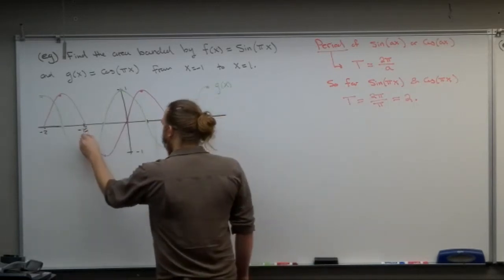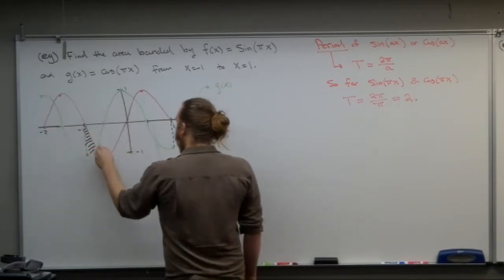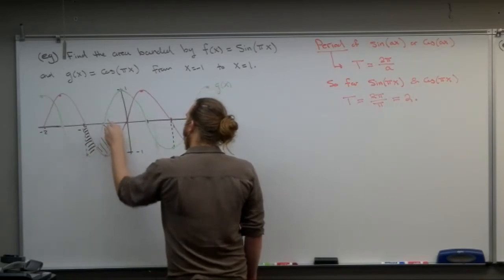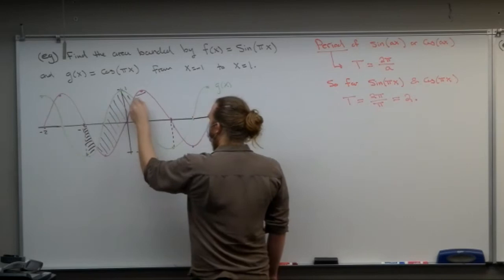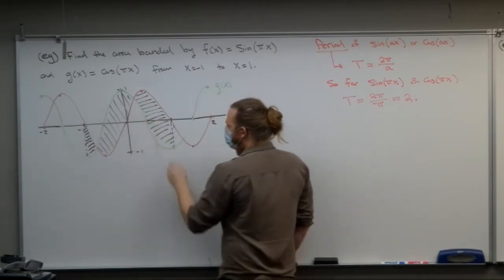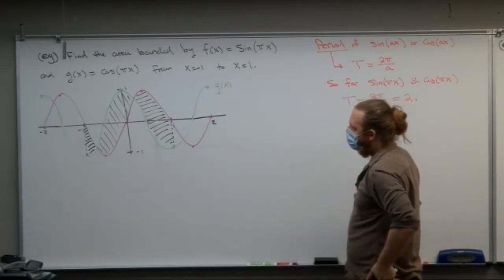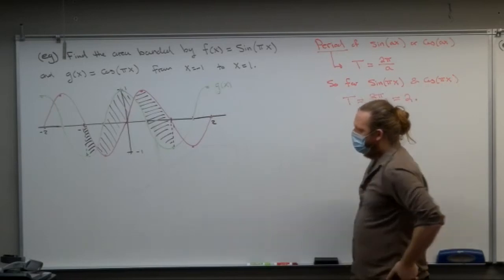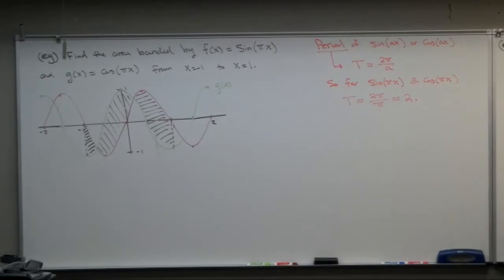The area we're looking for, I'll shade in black, is this. The catch is that we no longer have a consistent upper and lower function. Right? Sometimes the green is above the purple, sometimes the purple is above the green.